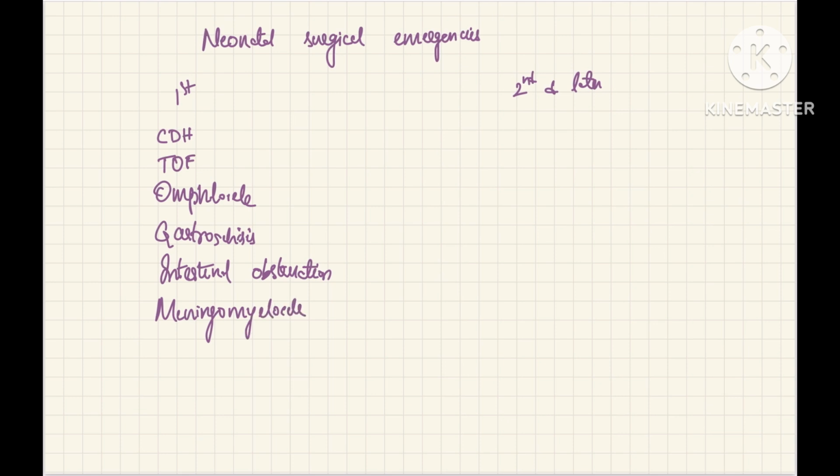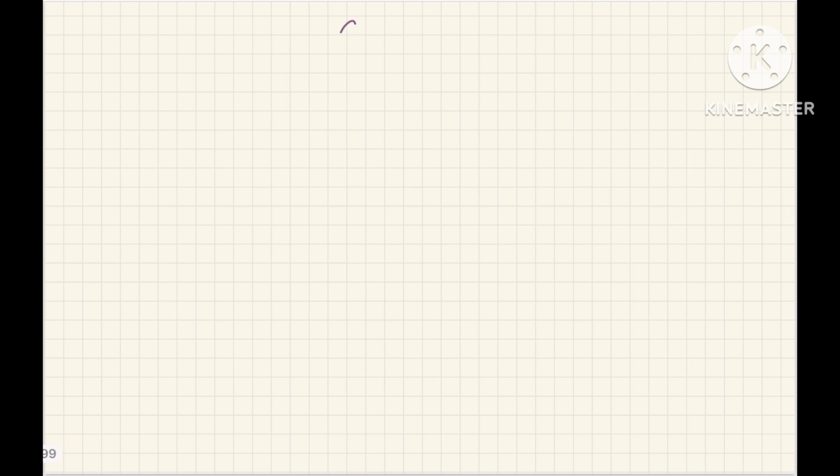In the second week and later, it is necrotizing enterocolitis and hernia. So, these are the common neonatal surgical emergencies seen in the first week and the second week and later of neonatal life. Let's come to the topic proper.